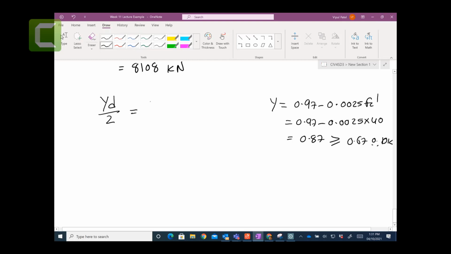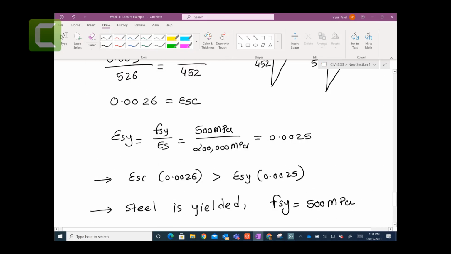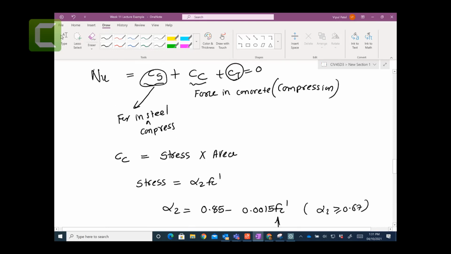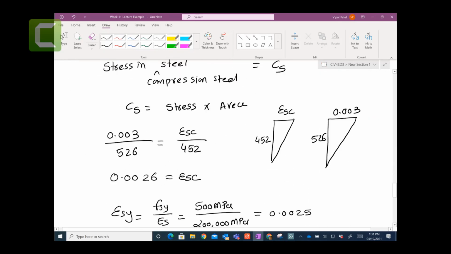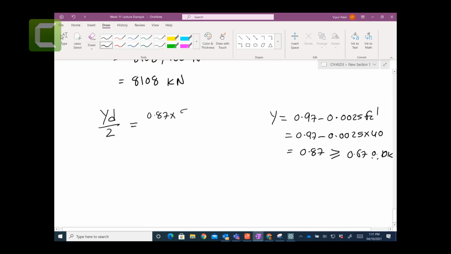Now, so you have 0.87. Distance d is just 526, I believe. We have this distance d, 526. So you have 0.87 times 526 divided by 2. You get 228.81 millimeters.